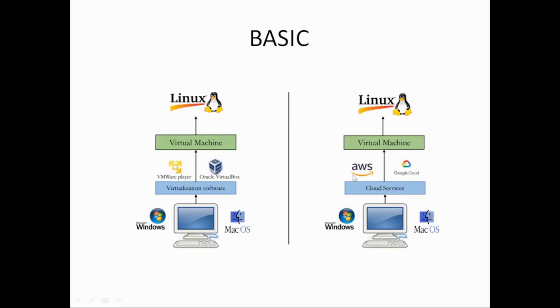For the cloud service you can take AWS, Google, or Azure, and we are going to create a virtual machine on any one of the cloud services, and with the help of the virtual machine install the Linux operating system. Now which one am I going to follow? I am going to follow the first one, because if you want the cloud version you can just comment, and I will make a video on the cloud also, but currently I am going to follow this one.